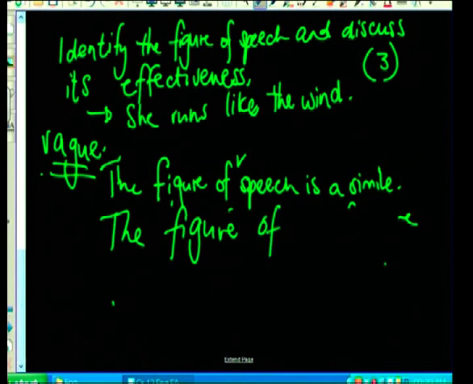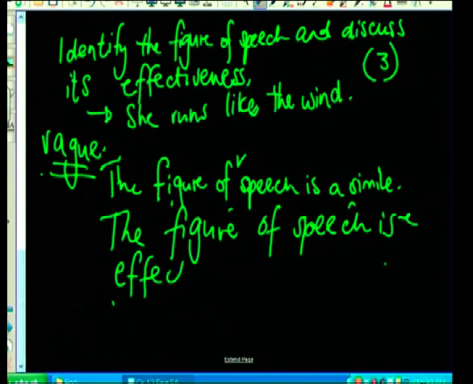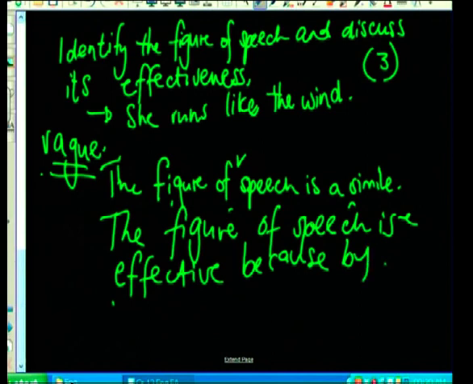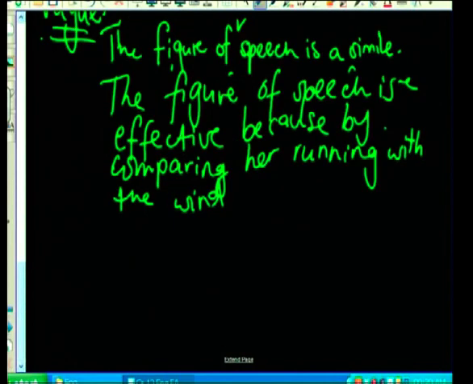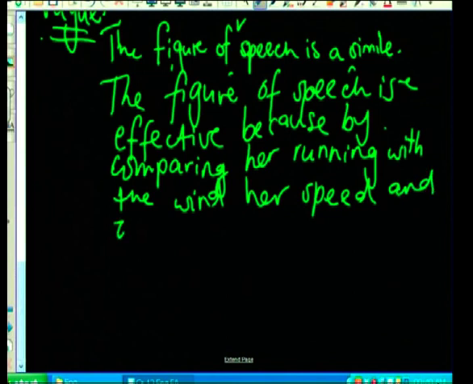This figure of speech is effective because by comparing her running with the wind, her speed and grace is emphasized.